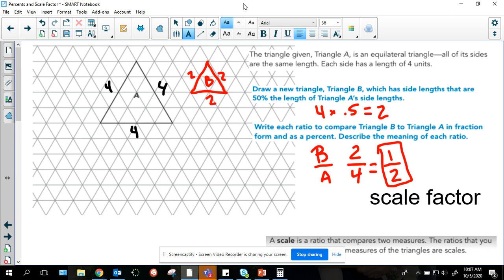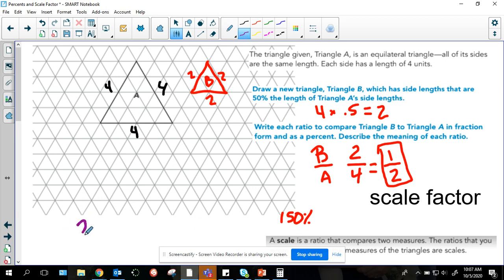Now let's say we were asked to find a new image, triangle C, and triangle C had side lengths that were 150% that of triangle B. So now we're looking at 2 and 150% of that.